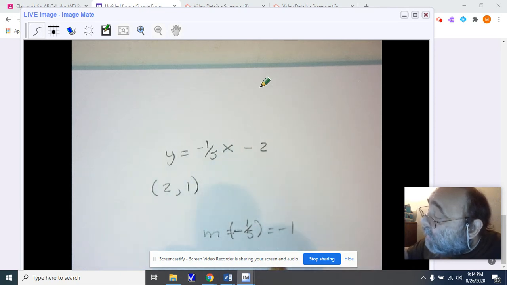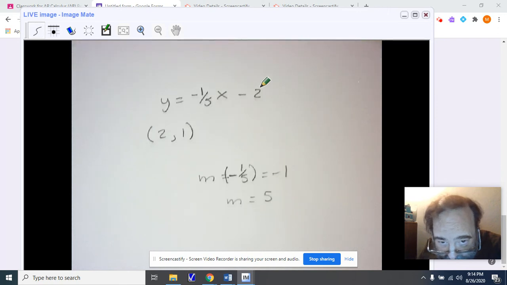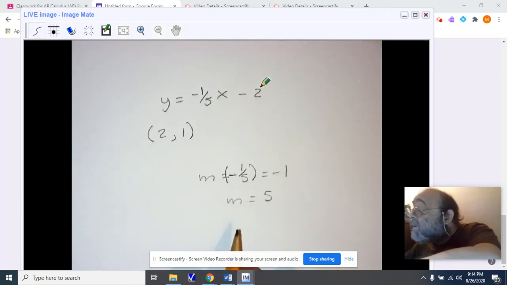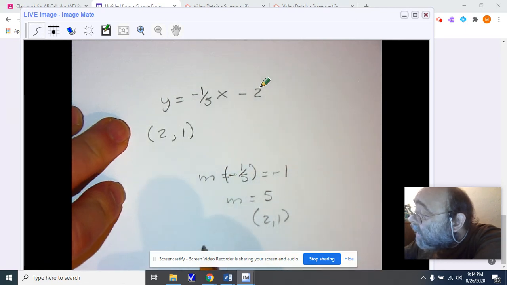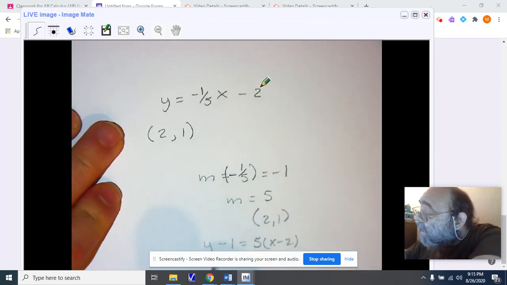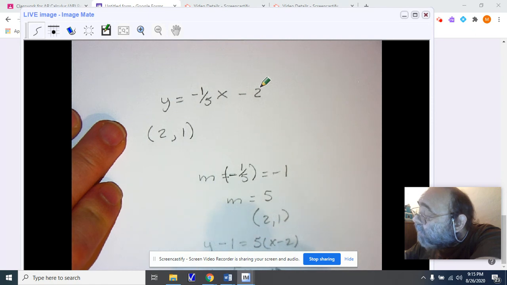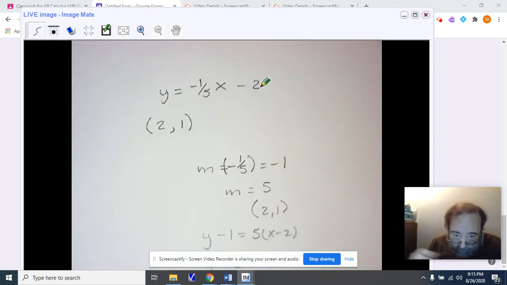That new slope is +5, the reciprocal and the opposite. Using this slope now with the given point 2, 1, we get the perpendicular line. Y minus 1 equals 5 times x minus 2. We now find our equation 5x minus 10 plus 1, and y will be equal to 5x minus 9. There is our perpendicular line.